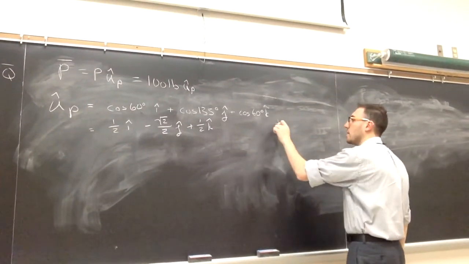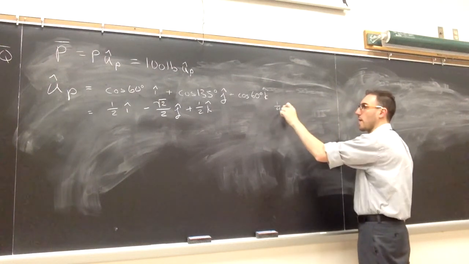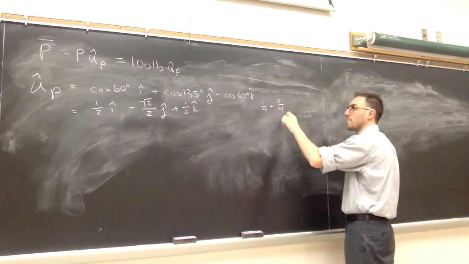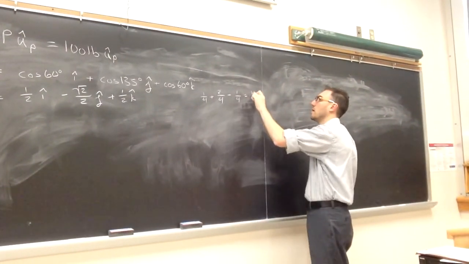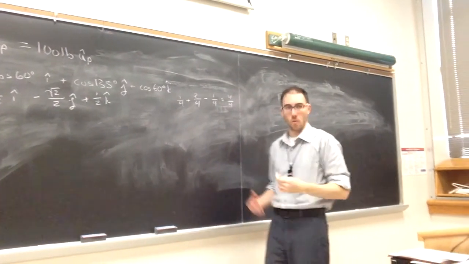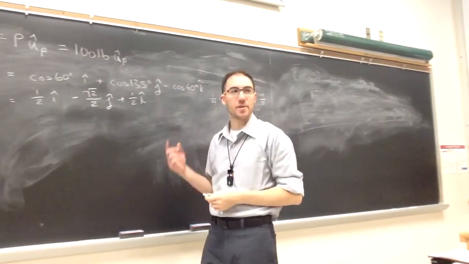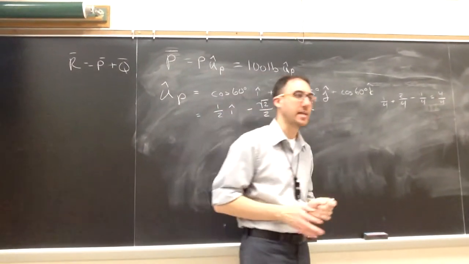So in this case, 1/2 squared is a quarter. Root 2 over 2 squared is going to be 2 over 4. And 1/2 squared is 1 over 4. So the magnitude we get is square root of 4 over 4, or 1, which means that the magnitude of this is indeed 1. And we do want to make sure that's the case for now.